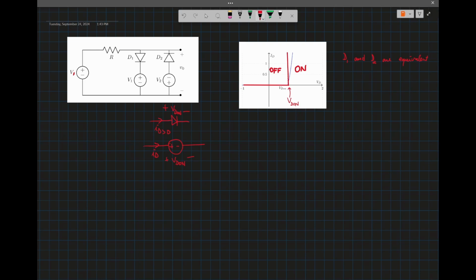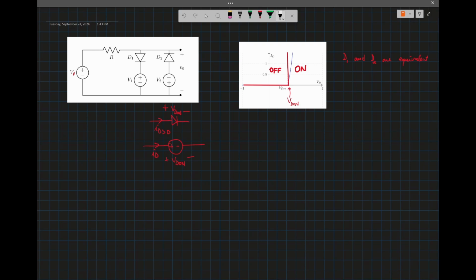So now that we have two diodes, we're going to approach the analysis a little differently. We don't know when diode 1, D1, is on, or when D2 is on, or vice versa.